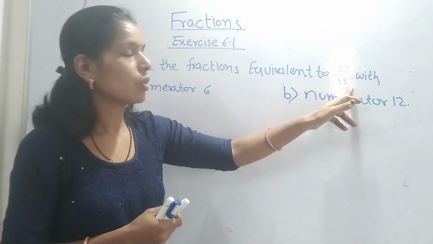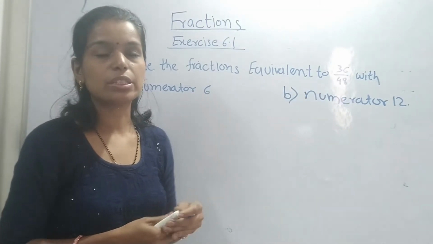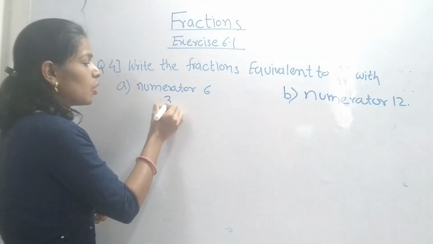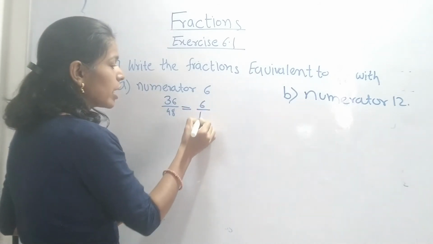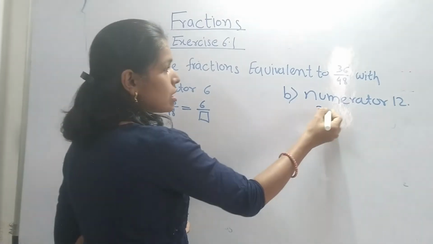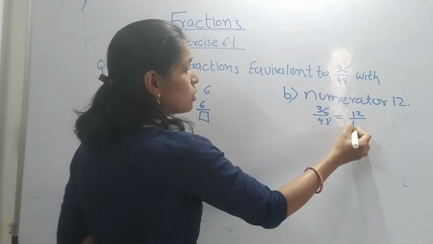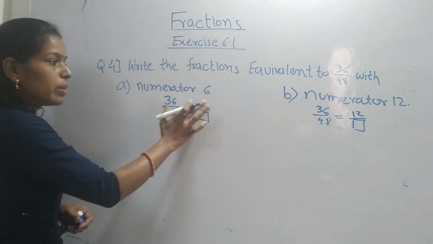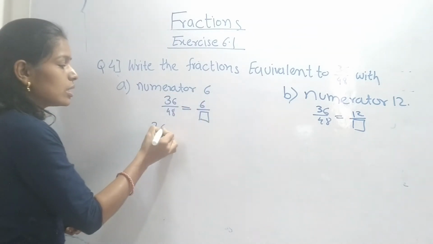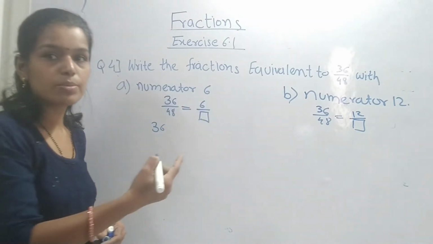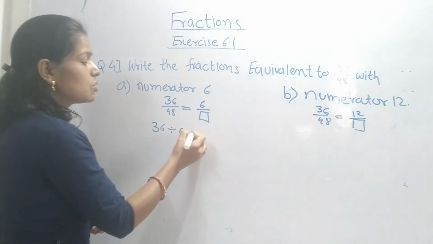So to the 36 upon 48, we have to divide by some number to get 6 and 12 as its numerator. Here you want 36 upon 48 to be equal to 6 upon some number. Now to convert 36 to 6, we have to divide 36 by 6, which gives the result 6.